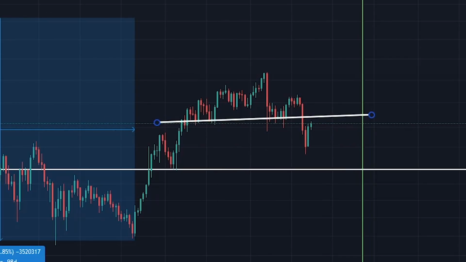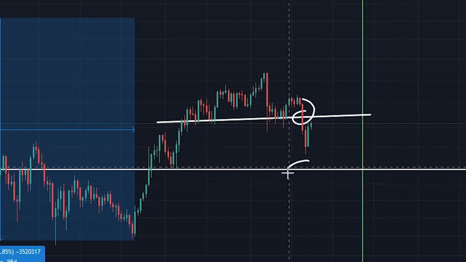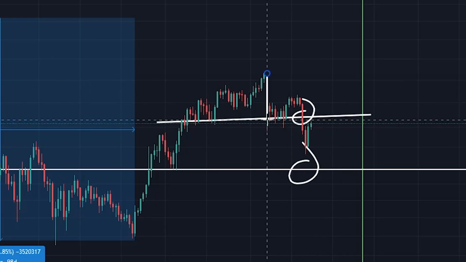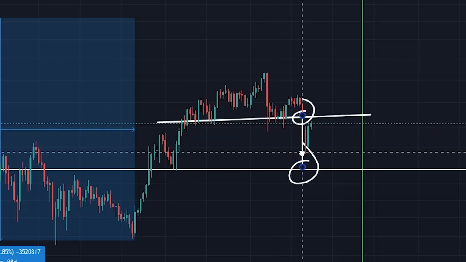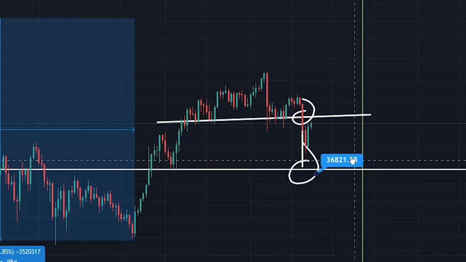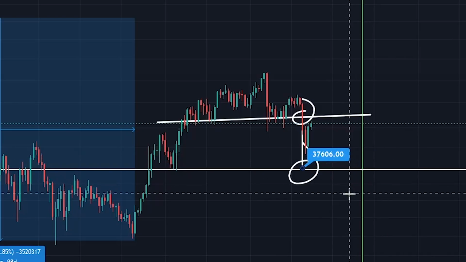Look, you've lost it as support just there, and with that you are now in a technical target to this low just there, because this is the technical target of a head and shoulders pattern. Look, from there to the neckline, and you can see that you've lost support, boom, and it brings you down to this swing low. So do anticipate that the correction is not actually over here for Bitcoin, and we are looking at that particular target down there. It's around about $37,000, I believe it is, at the low end.